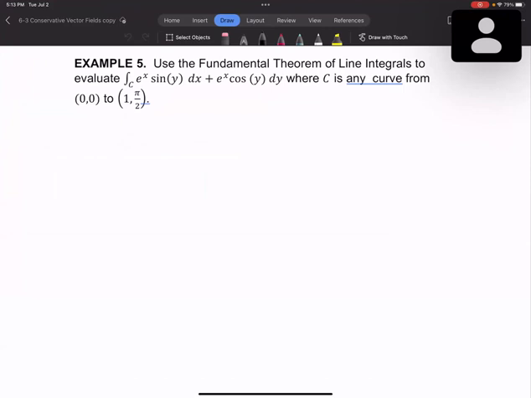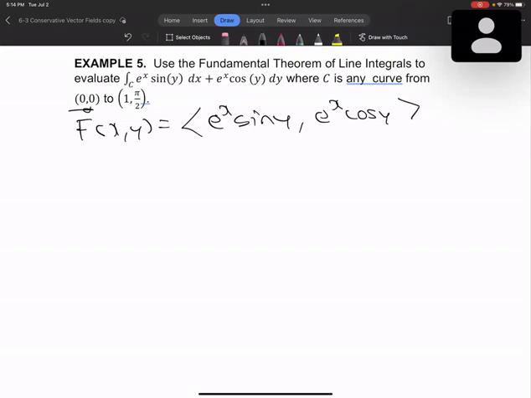Use the fundamental theorem of line integrals to evaluate this, where C is any curve from (0, 0) to (1, pi/2). So they're saying this F of x, y is this one: e to the x sine of y, e to the x cosine of y. And then we need to find f such that the gradient of f is that.